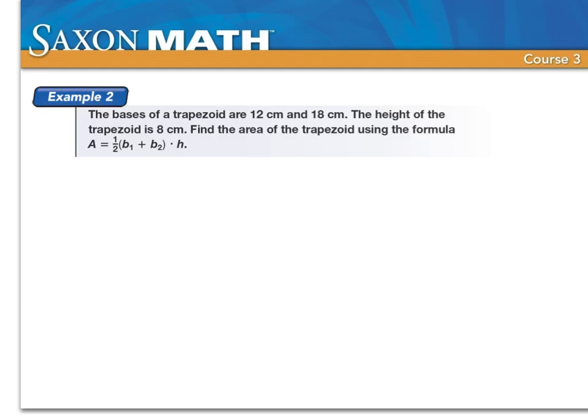Example 2 says the bases of a trapezoid are 12 centimeters and 18 centimeters, and the height of the trapezoid is 8 centimeters. We want to find the area using the formula that we've been given. The very first thing I would do is draw out this trapezoid so you can see what it looks like.